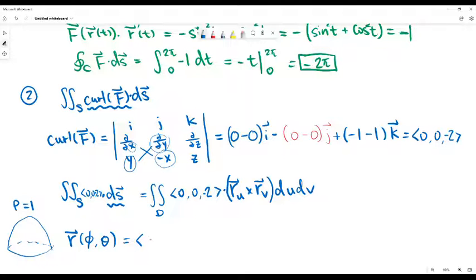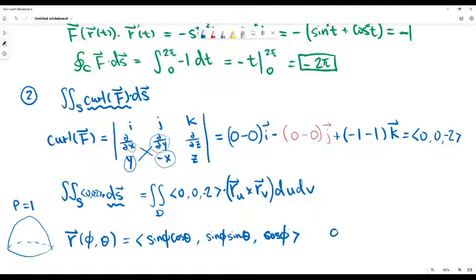So my x is rho, which is 1, sine phi cosine theta. My y is rho, which is 1, sine phi sine theta. My z is rho, which is 1 again, cosine phi. That's my spherical coordinates for x, y, z with rho equal to 1.